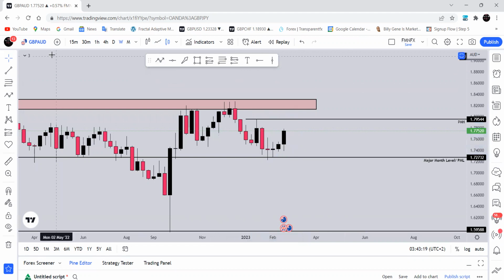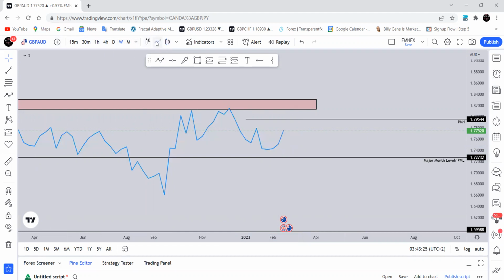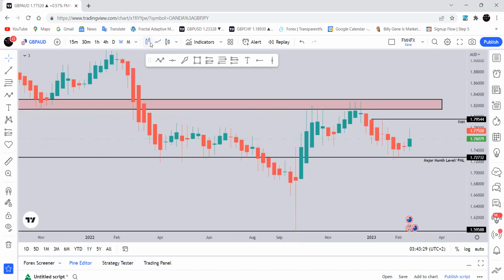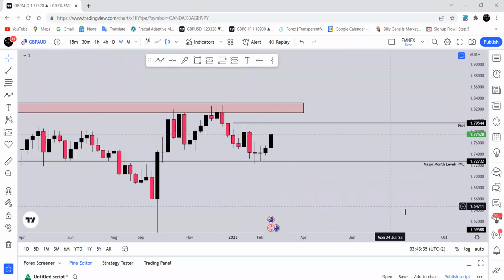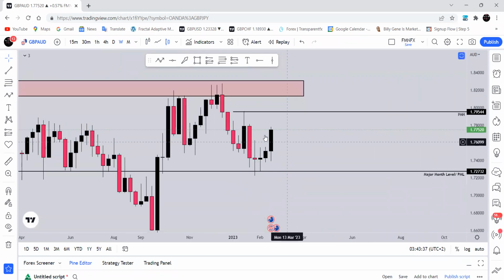I hope that makes sense. If you can't see the W, I can see it. I don't know if you can see it. Maybe when I drop down to the lower time frame, you'll be able to see the W.